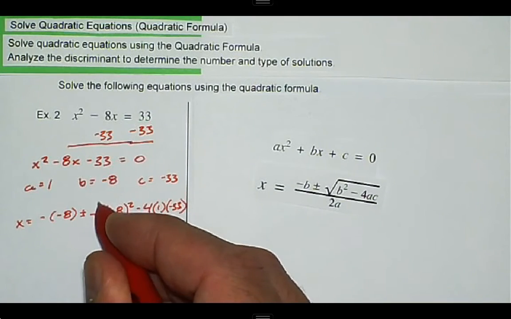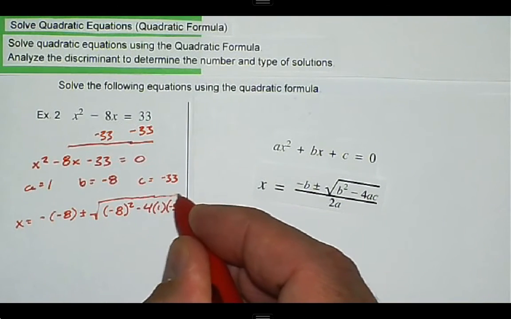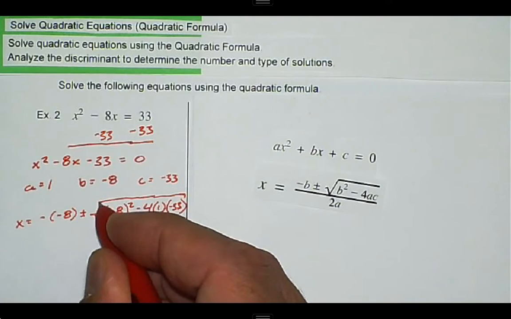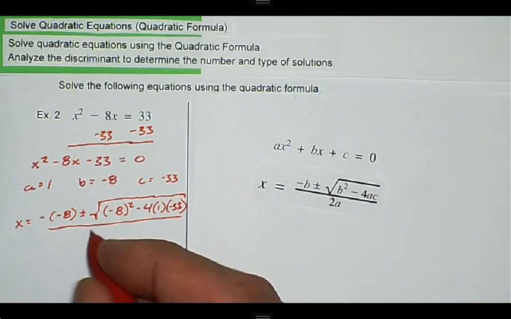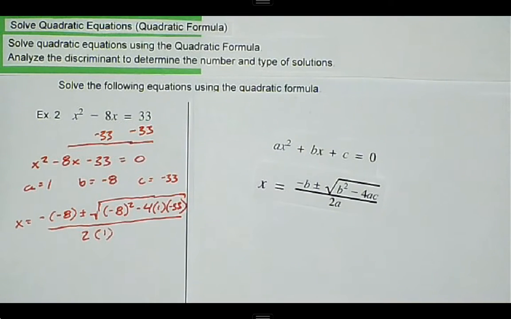That all has to be under the square root. And then we divide by 2 times a, which is 1.